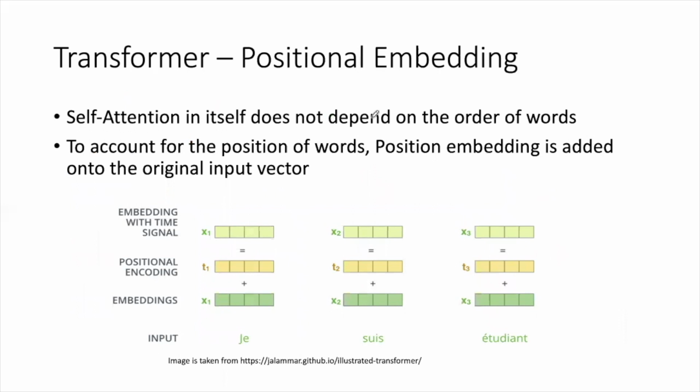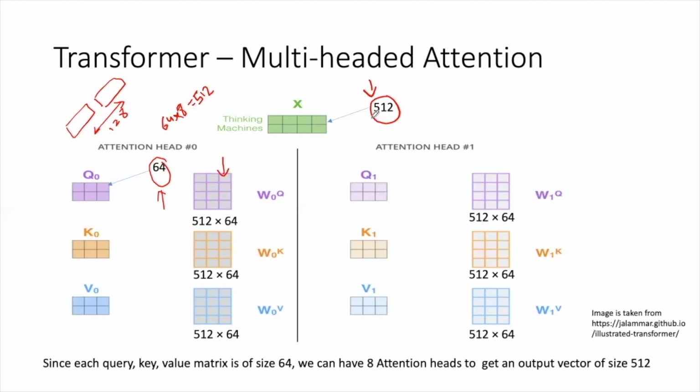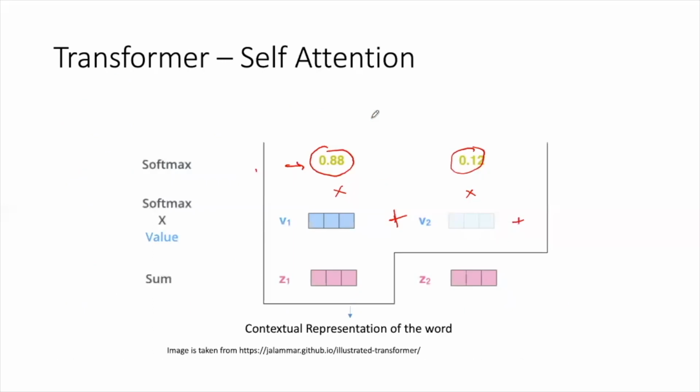Now coming to positional embedding. The self-attention that we saw earlier does not in itself depend on the order of words. In the previous slides, when we saw how self-attention is computed, we haven't noticed any operation that depends on the position of the words.